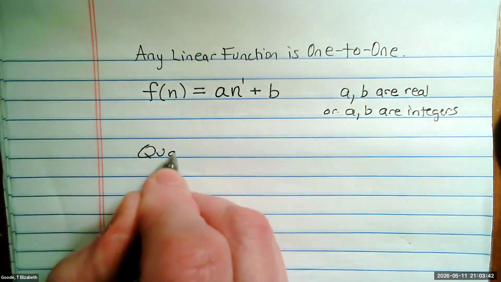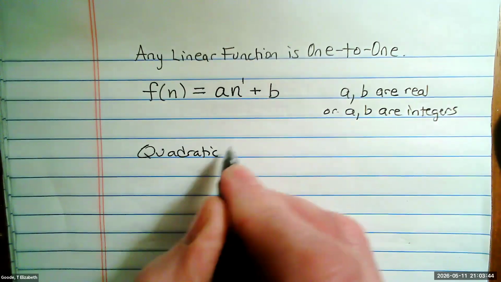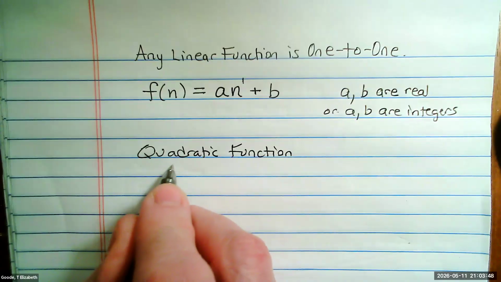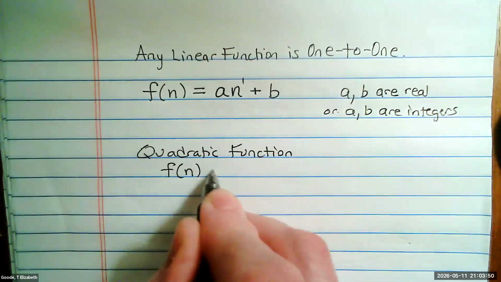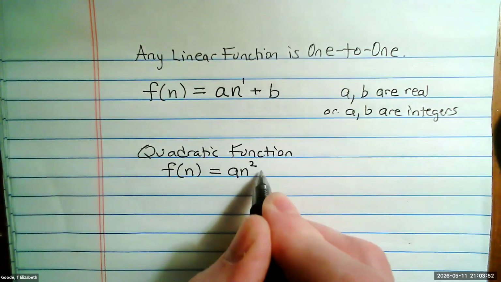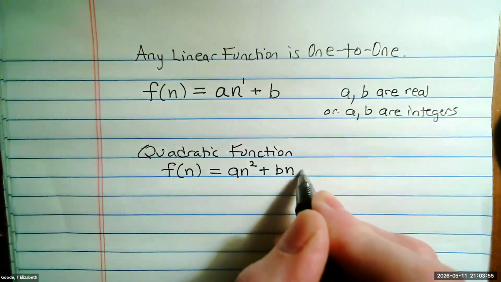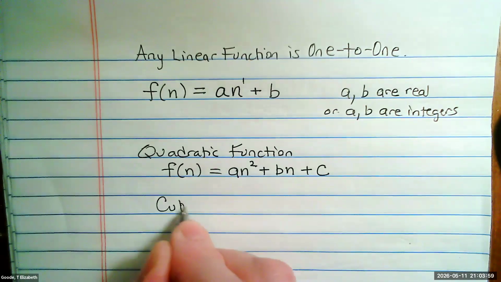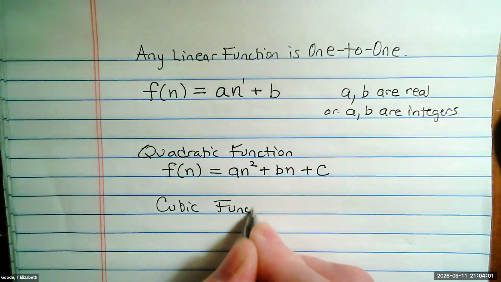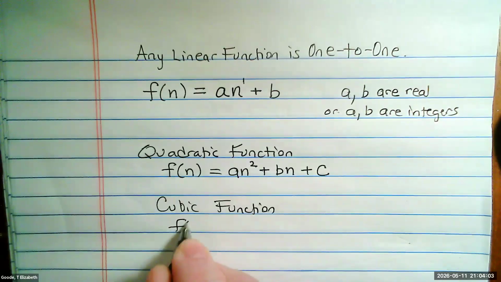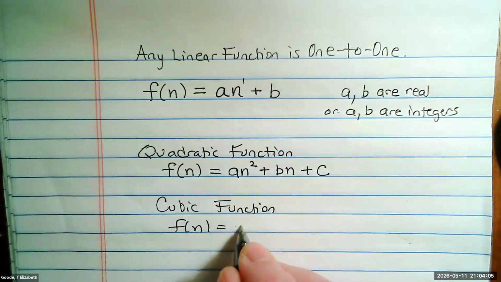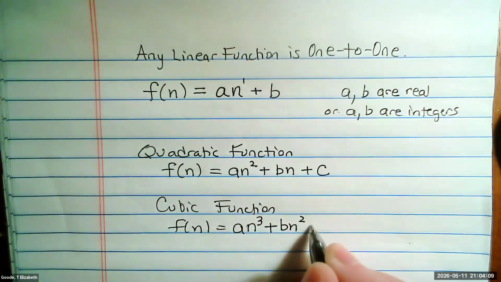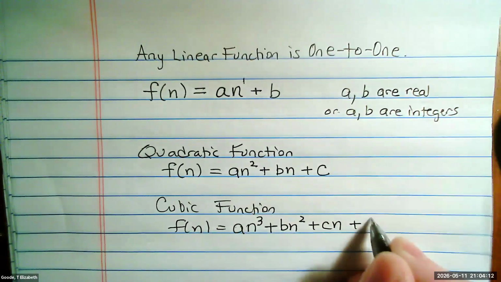A quadratic function, I'm sure you've heard that phrase, right? It looks like this: f of n equals a n squared plus b n plus c. And then a cubic function, these are all polynomials, that's f of n equals a n cubed plus b n squared plus c n plus d.